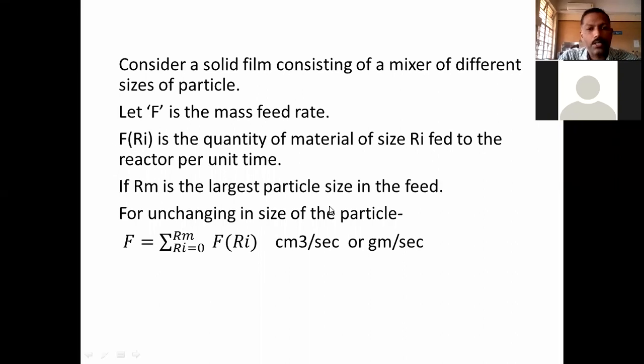If Rm is the largest particle size in the feed, then for unchanging size of particle, the total feed rate F is the sum of the feed rates of all the sizes of particles, that is the summation of F(Ri) from 0 to Rm, which is measured as the volumetric feed rate, for example cm cubed per second, or mass feed rate, gram per second.